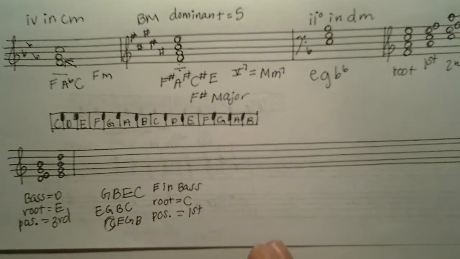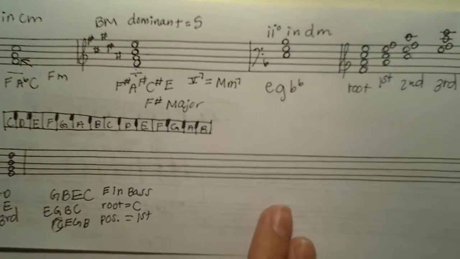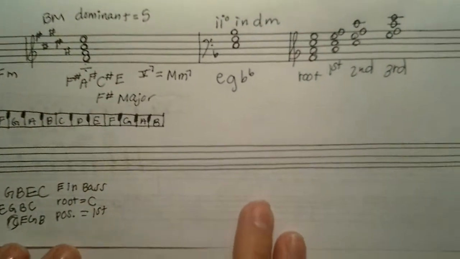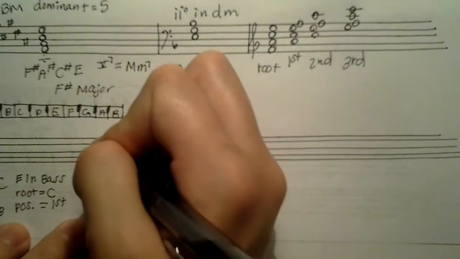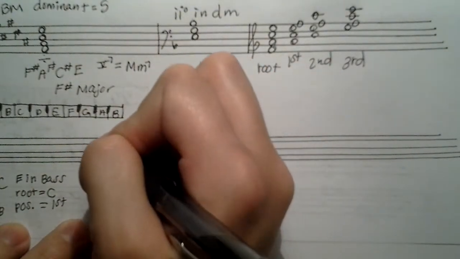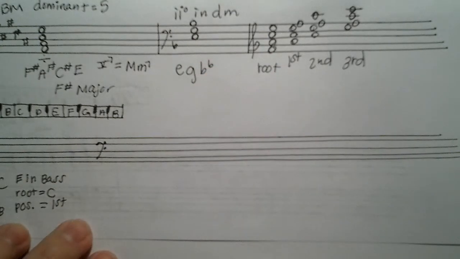Okay, so moving on, let's figure out how to write major-minor 7 chords, because that's going to be a lot of what's on your exam. For questions like that, it says you have 2 notes, add 2 notes to create a major-minor 7, or it'll say add a note to these 3 notes to make a 7th chord.